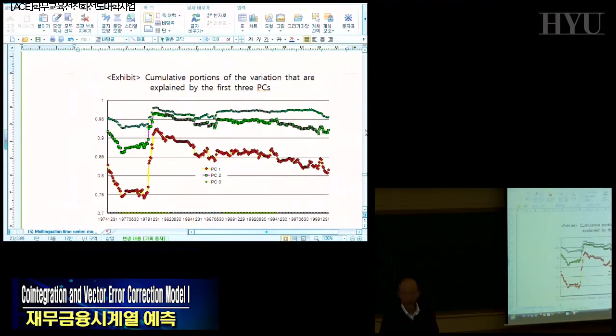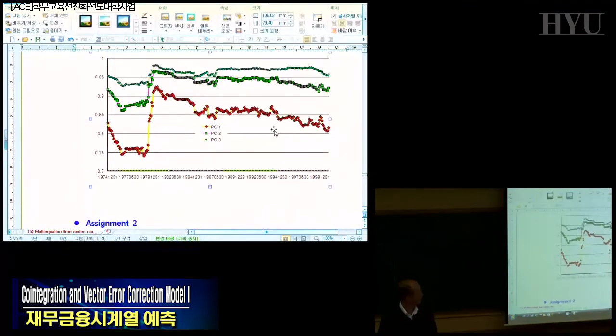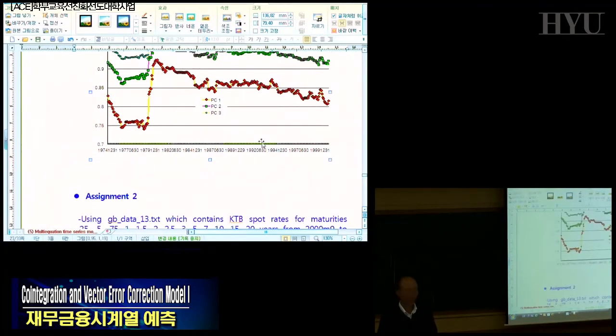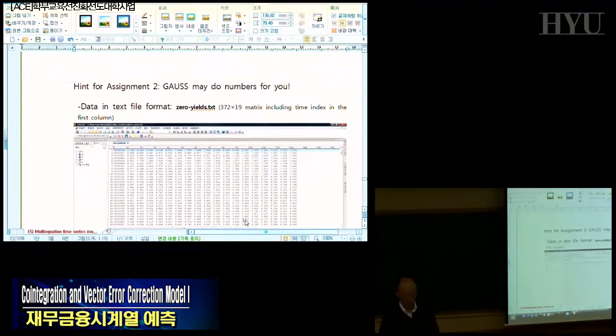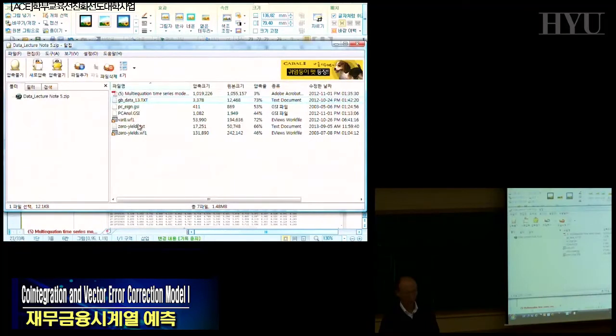Other than this part, it's not going to be that difficult, but this portion is kind of a tedious job. So what I did was to provide you this one, pcano.gsi.